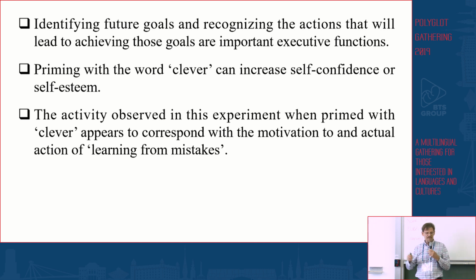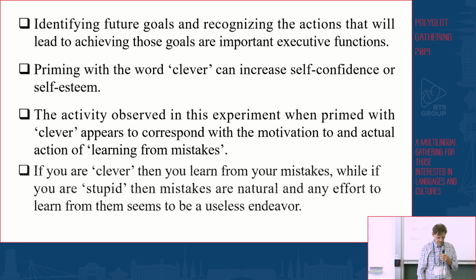The activity observed in this experiment when primed with clever appears to correspond with the motivation to take an actual action of learning from mistakes. So actually, you can monitor the brain and you can see a certain activity that occurs if you're learning from your mistakes. If you are clever, then you learn from your mistakes.